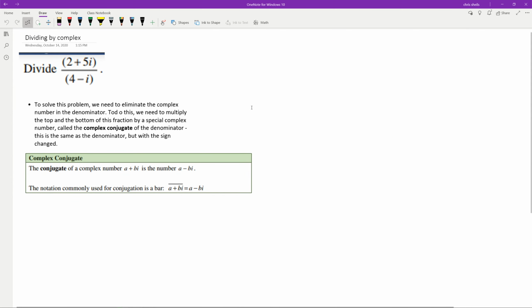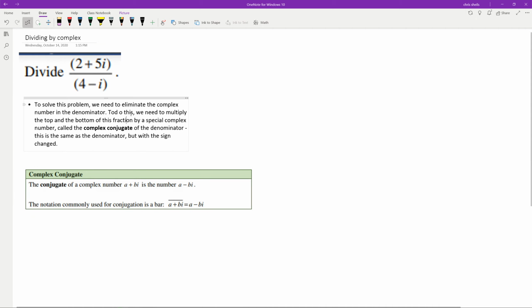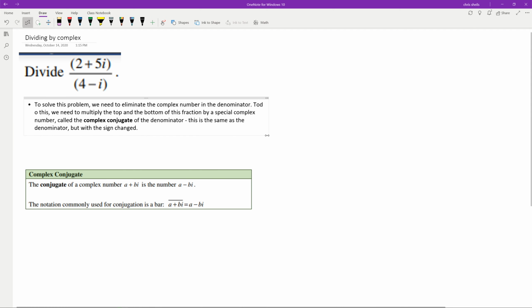And let's look at division, of course. If I want to divide a complex number by a complex number, I have to eliminate the complex number that's in the denominator in the example that I have.